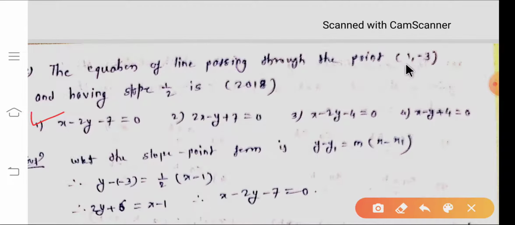If you substitute the point, x equals 1, minus 2 into y is minus 3, minus 3 plus 3 is 6 minus 7 and so on. We can also get the same solution by the inspection method. So the first option is the right option.